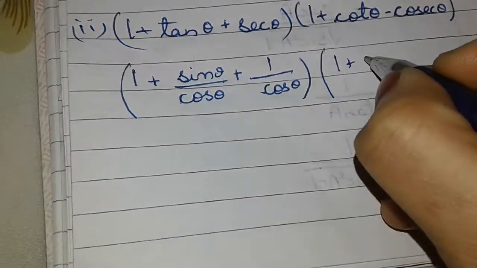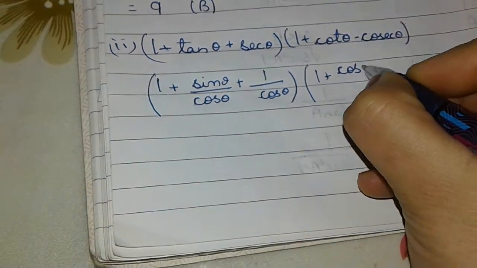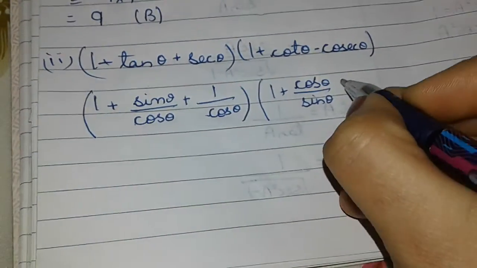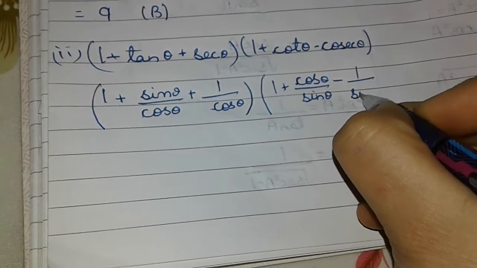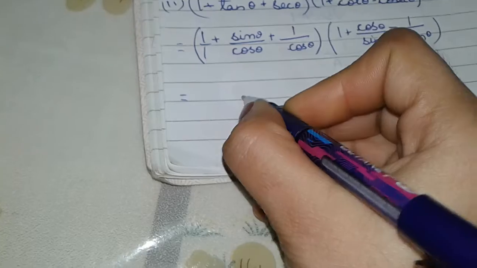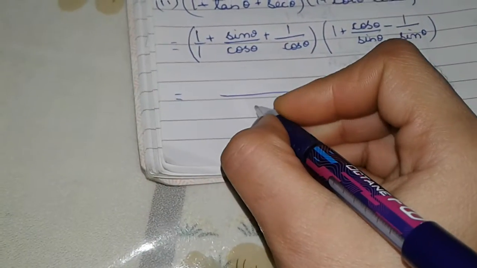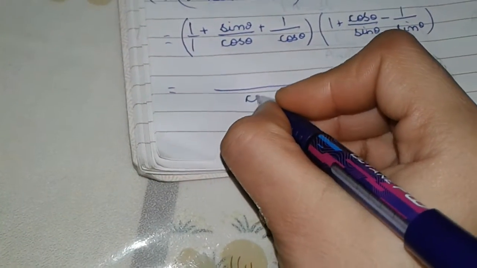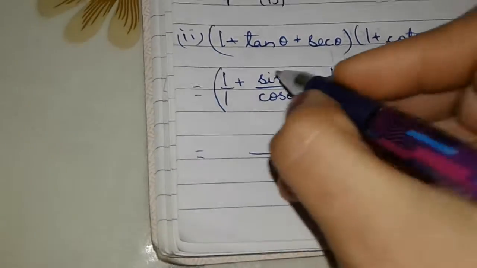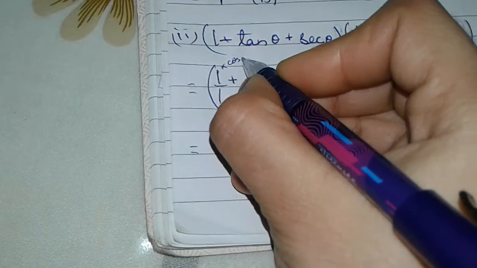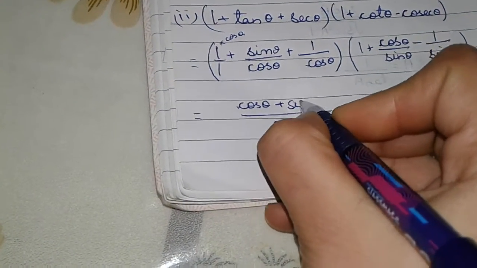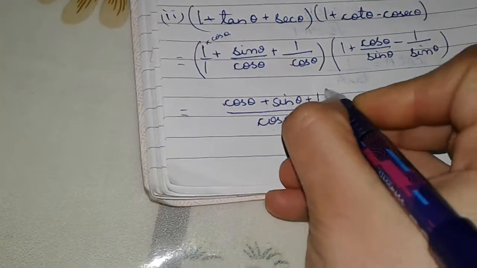And again cot theta can be written as cos theta upon sin theta, and cosec theta will be written as 1 upon sin theta. Now take the LCM here. The LCM will be cos theta. Here it will be multiplied by cos theta and it will be cos theta. Here it will be sin theta and here it will be 1.